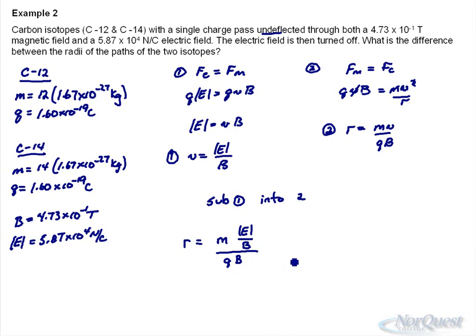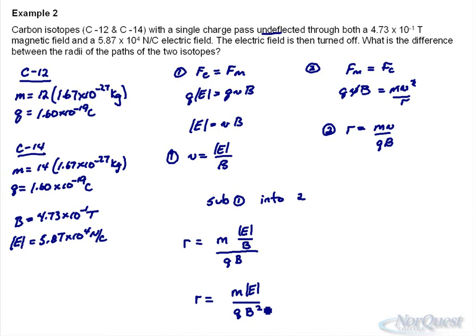Again, if you want to simplify this, the final manipulated formula is going to be mE over QB squared. What I'm going to do on the next slide is calculate the radius of each isotope, and then we'll find the difference between those two paths.